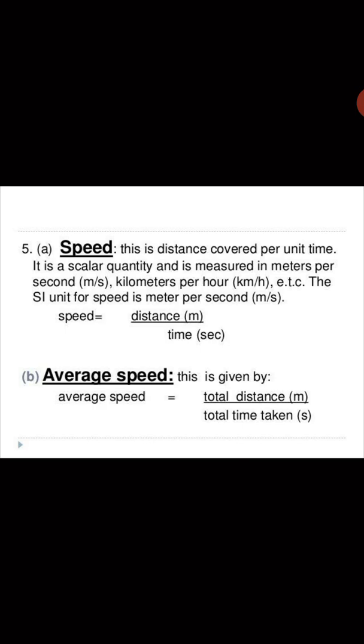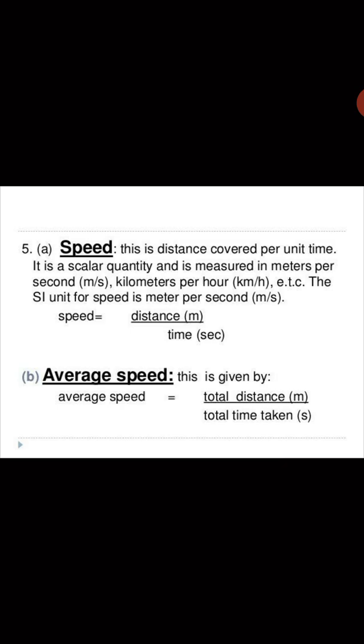So what you have to do is calculate their distances. You have to measure the distances covered, and add all the distances. That will give you the total distance. Then you have to take into consideration the time taken by those vehicles to cover that distance, and add all those times, and that will give you the total time.